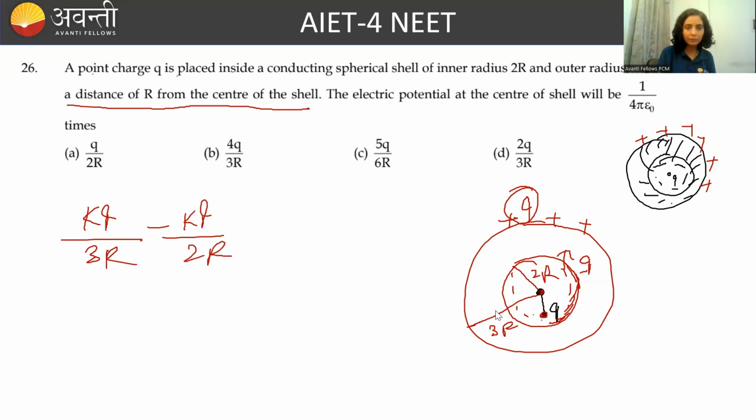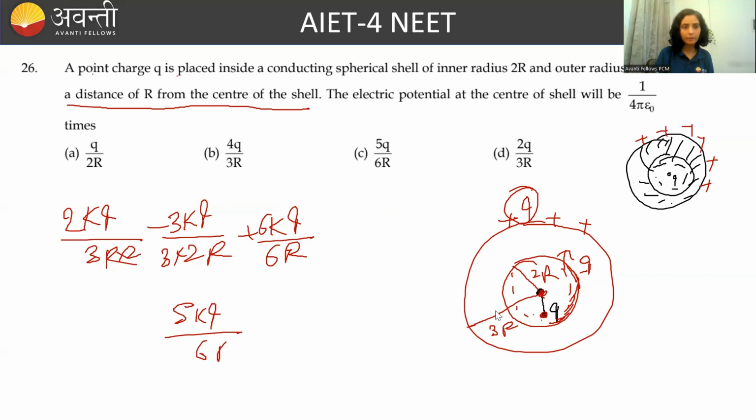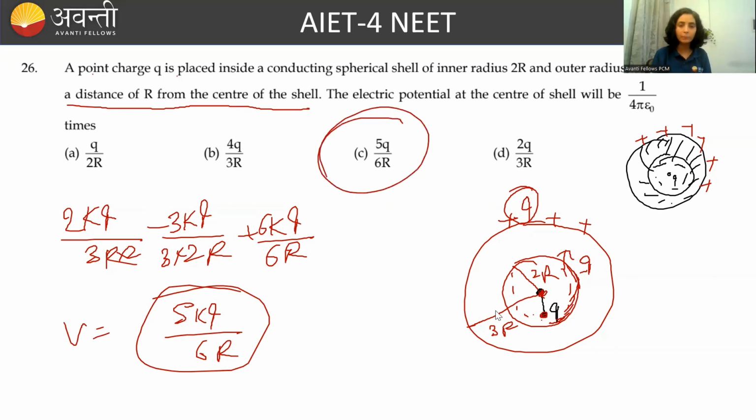And because of the charge Q at this point, plus KQ by R. So let's make the denominator the same: 6, so multiply by 1, 3 and 2. The value is 6 plus 2 minus 3, that is 5KQ by 6R. This should be the potential value. So the correct answer should be C. Now let's move on to the next question.